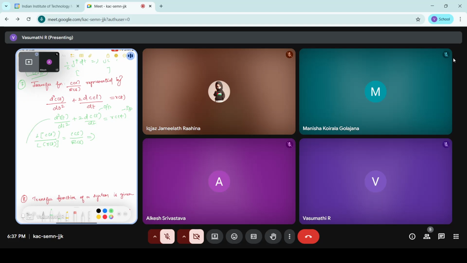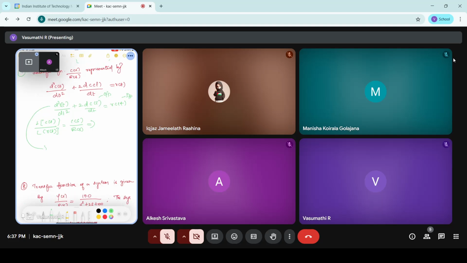So if you want to write the Laplace transform for this, it is in the second order, right? So Laplace transform of this would be s square x of s minus x of 0 minus x dash of 0. Sorry, it is in terms of c, right? s square c of s minus c of 0 minus c dash of 0.